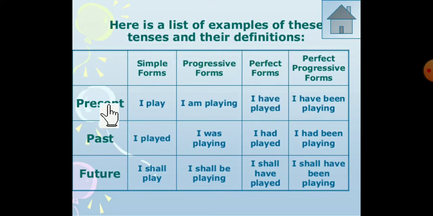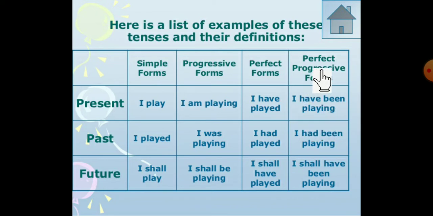So here are the simple present tense, past tense and future tense. In the simple present tense, see the forms of the verb: I play. If it is continuous tense, I am playing. If it is perfect form, I have played. If it is perfect continuous form, I have been playing.